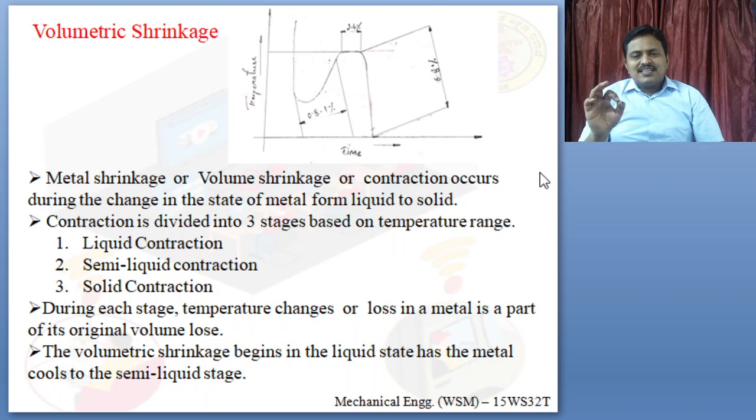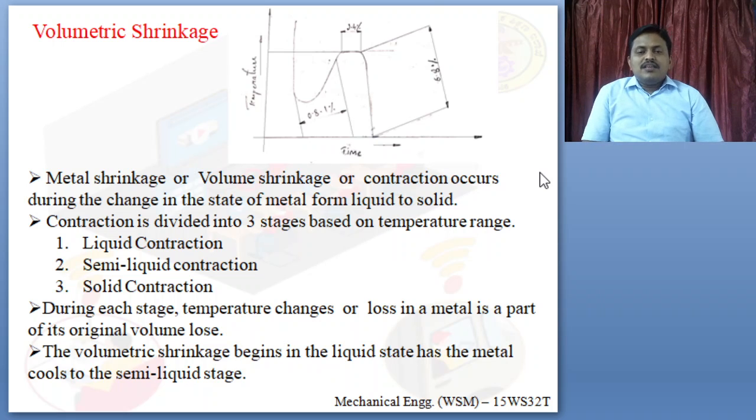In a liquid contraction, the metal will be in liquid form, in red hot condition. There, due to the cooling effect during the solidification process, the contraction in the metal takes place. Next is semi-liquid contraction.